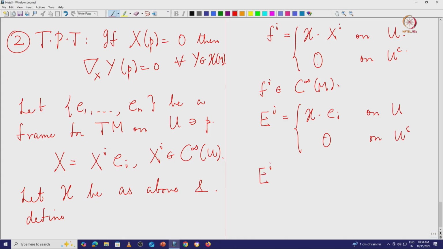Then these tilde e_i are global vector fields on M. Also, what is x? By definition, you can check that x is then simply this.